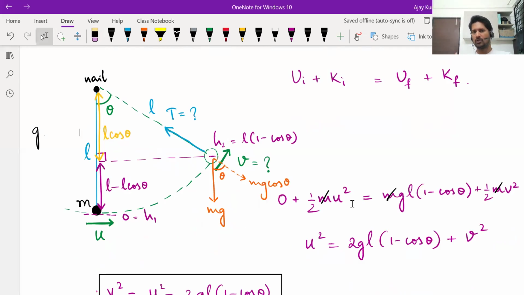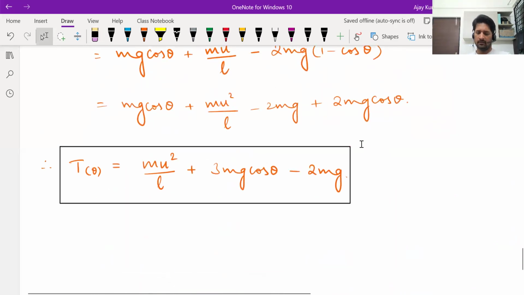When the string is at the bottom. Rishi, what were you saying? That only. 0. Okay. And cos 0 is 1. That's the maximum value of cos theta.